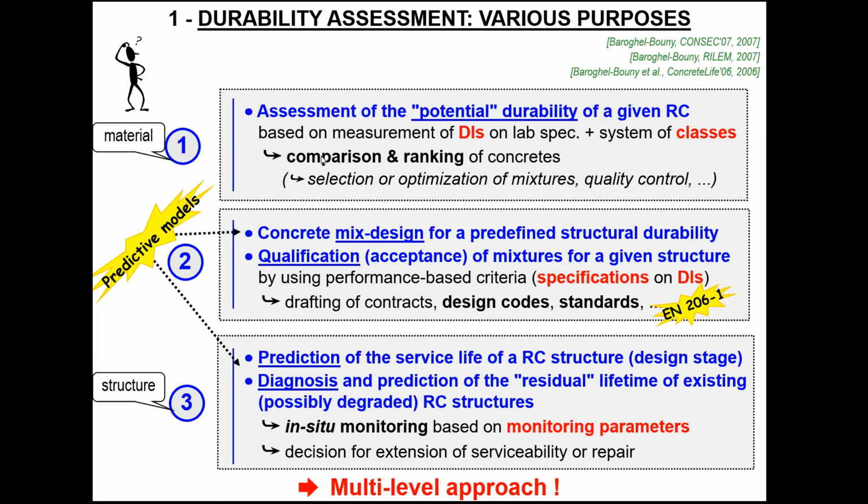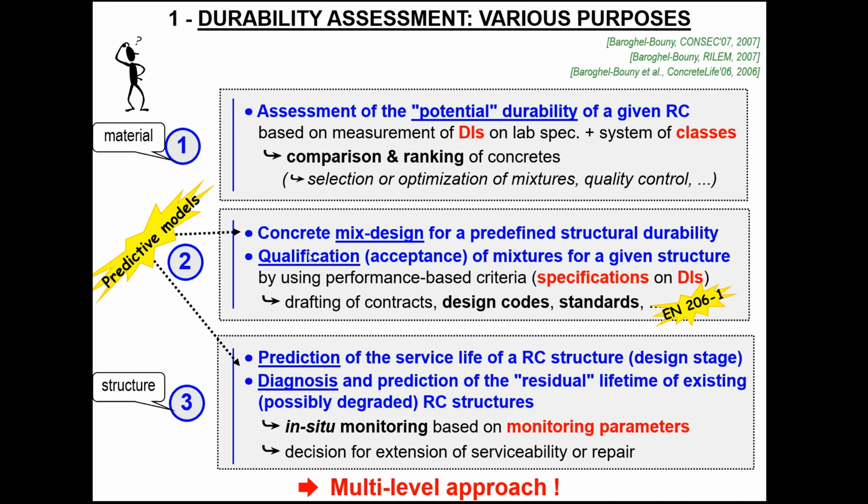You will be able to compare or rank several concretes. You can optimize the mixture. You can carry out quality control. So this is the first level of durability assessment, and this is purely for materials.